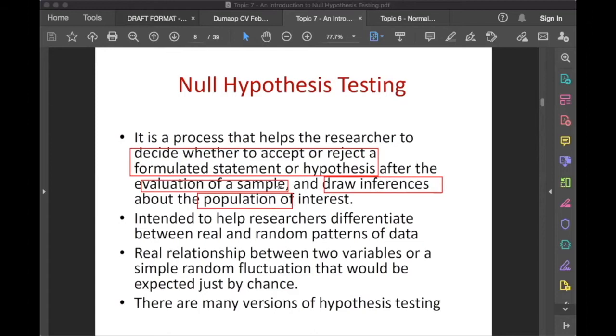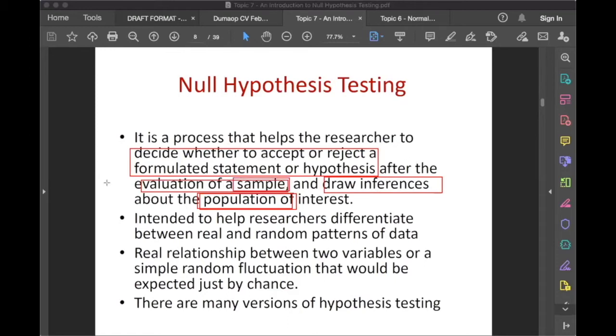So if this sample comes from, for example, students of a university, then whatever evidence we find from that sample can, to a limited extent, be suggested as applicable or probably true to the population from which the sample came.